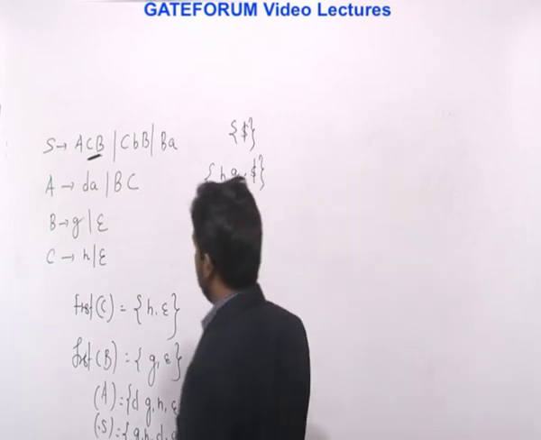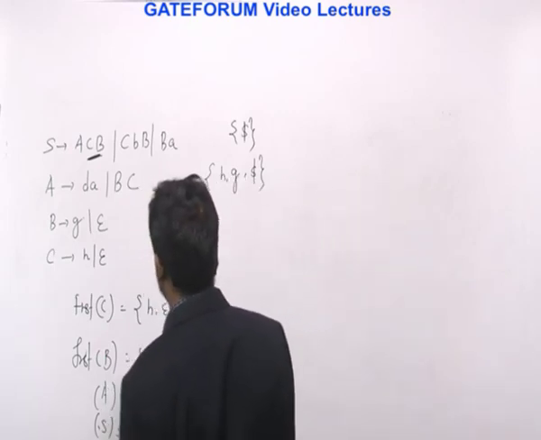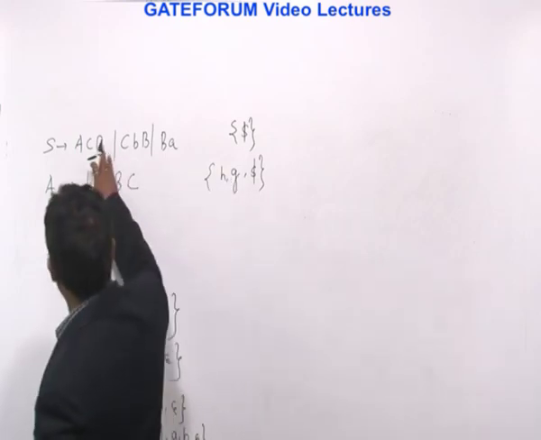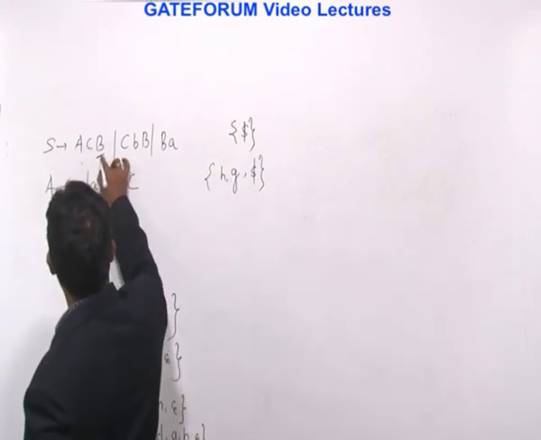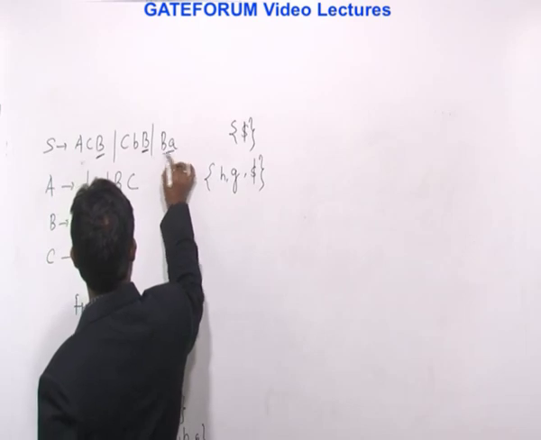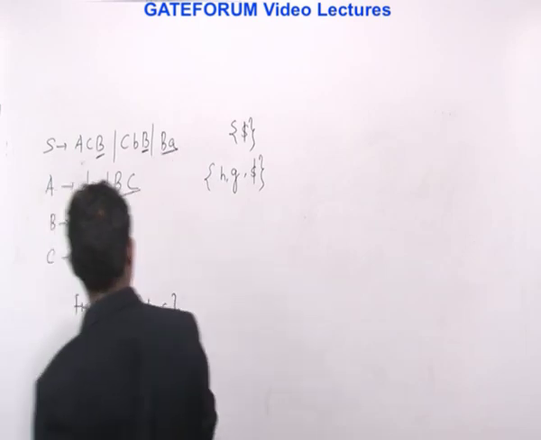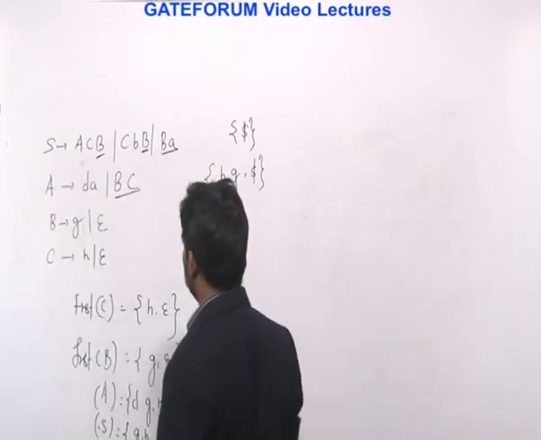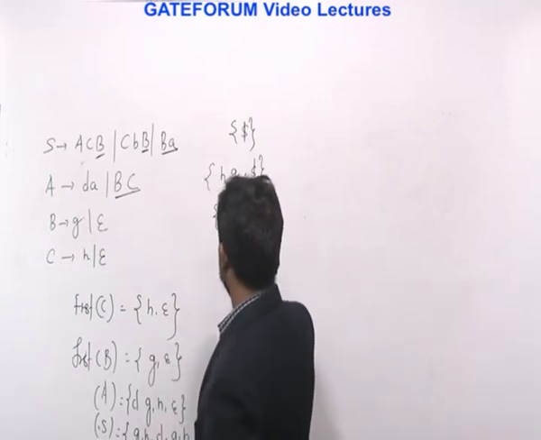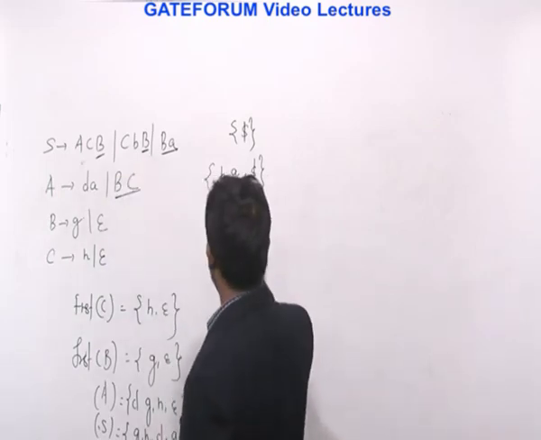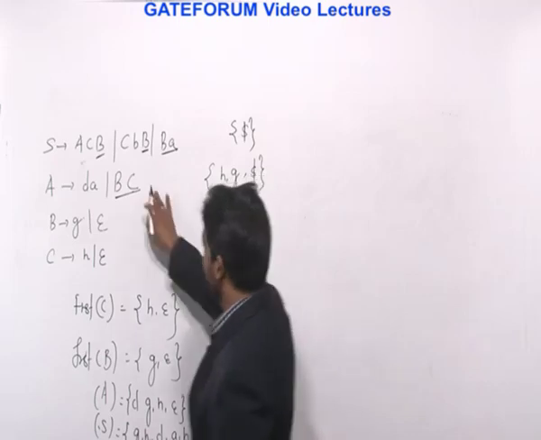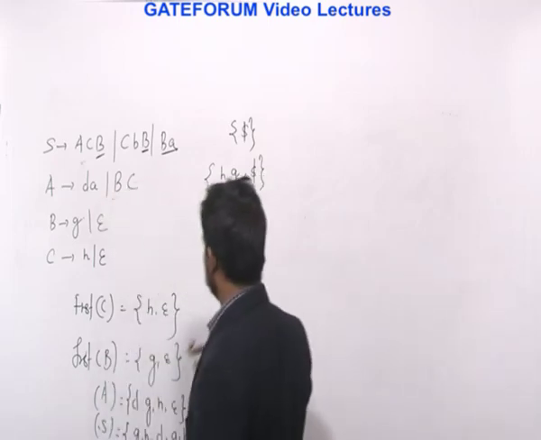Okay, now we are done with the follow of A. Then follow of B, where B is present. So B is present in several places: 1, 2, 3 and 4. Follow of B is follow of S, dollar. Follow of B is A, symbol. Follow of B is first of C. What is first of C?